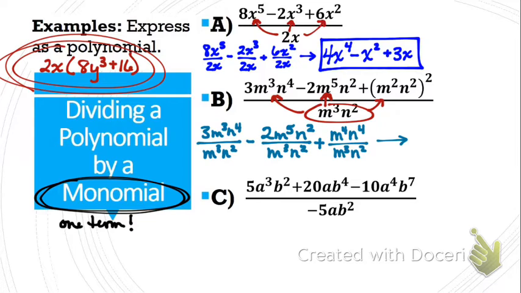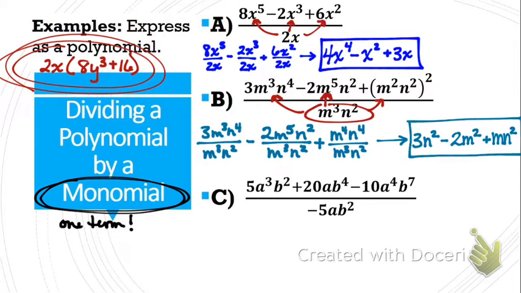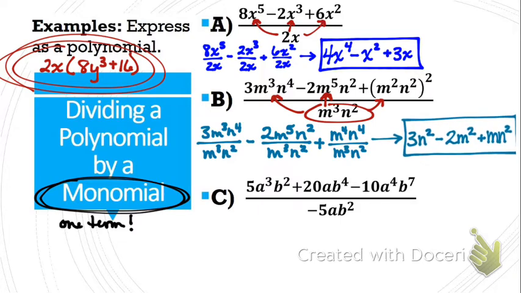What will I get when I reduce the first term? 3n squared minus 2m squared plus mn squared. Beautiful, beautiful. Last one here.